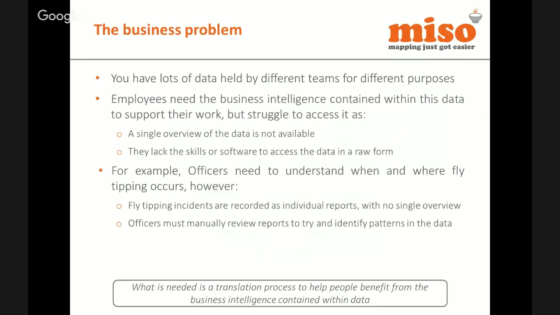You have lots of data held by different teams for different purposes. So you've got your housing team producing housing reports and your finance reports, and so on. Sometimes employees in different sectors, different groups need access to that final report for their own work, for their own projects.